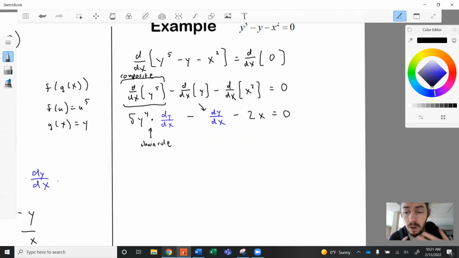The result here will always be a linear equation with respect to dy over dx, so we should always be able to easily solve for dy over dx.